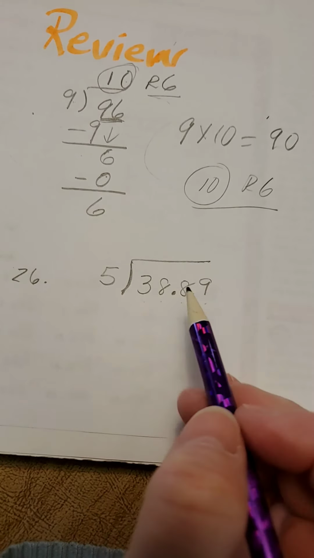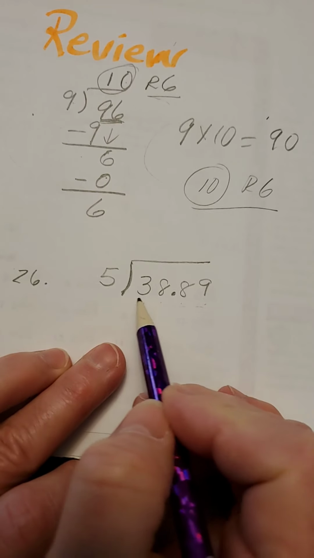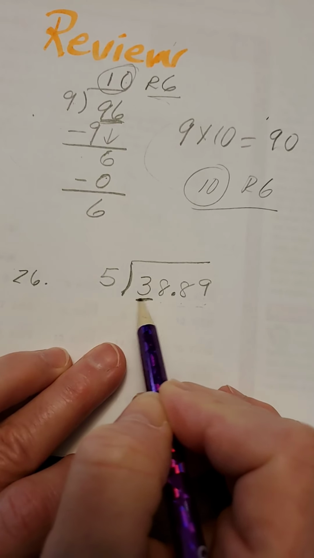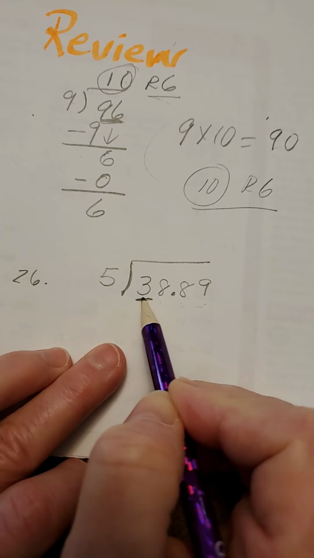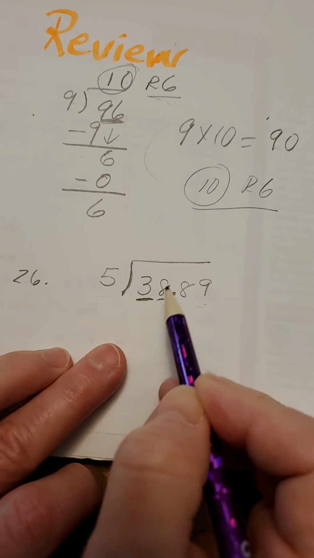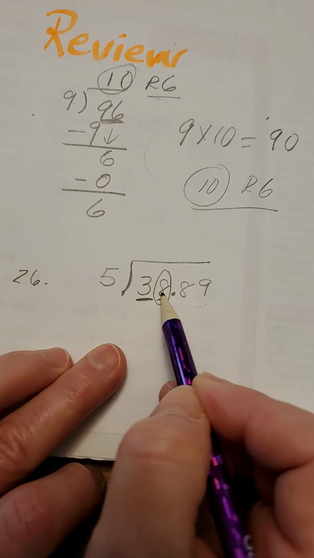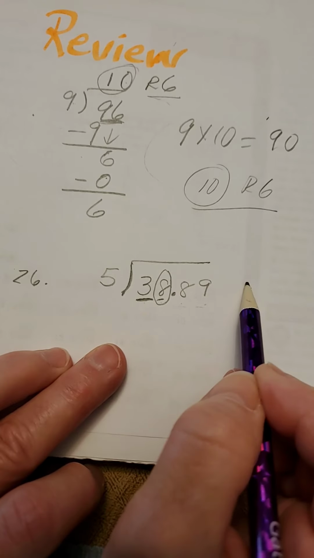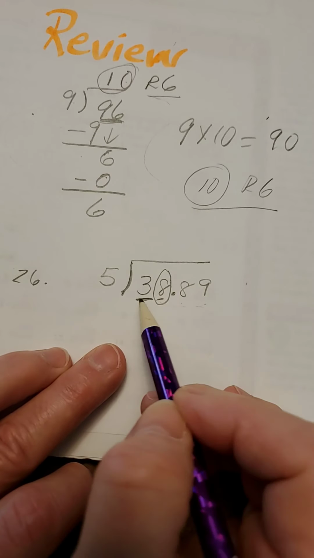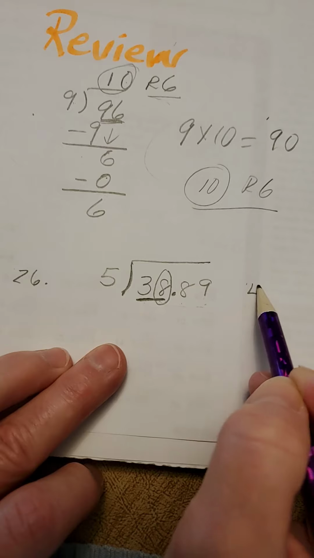If you're going to round it to the nearest $10, we're going to look at the 8 and see, wow, 8 is greater than 5. So we're going to round up. The nearest 10 from 38 is 40.